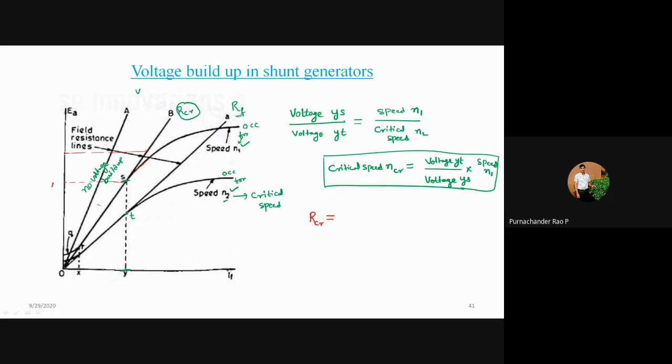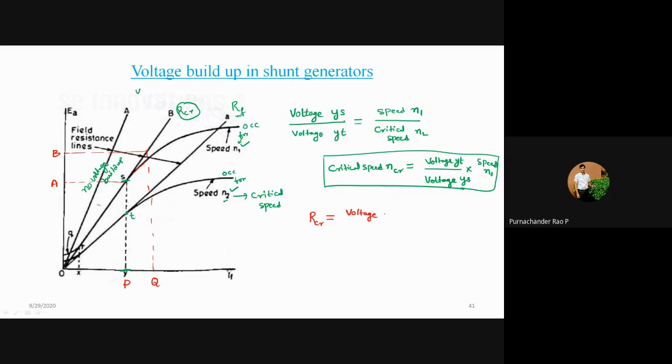Okay, so I will consider this is a point capital A, and this is the point B, and this corresponding point is P, and this is a point Q. So RCR will be equal to the voltage. We have to find the slope of your RCR line. That's it.